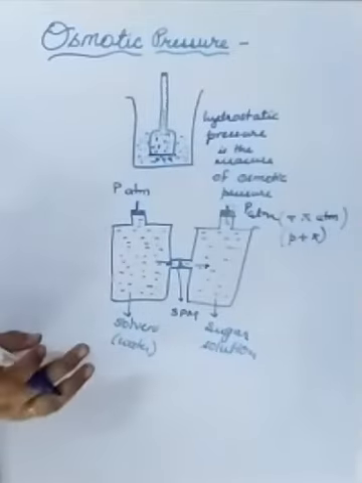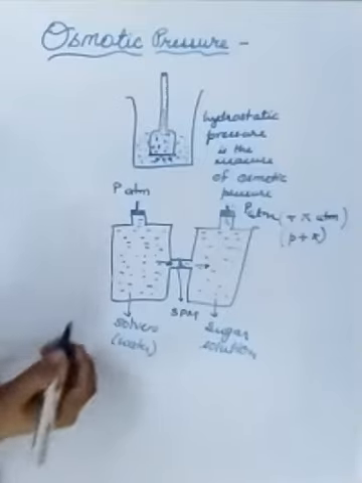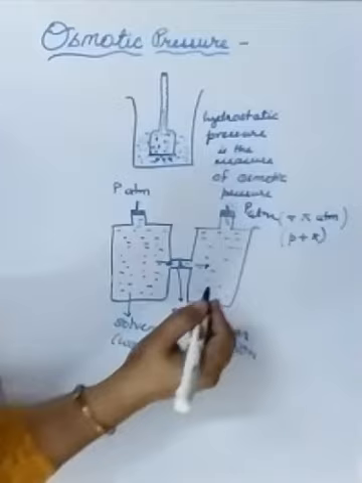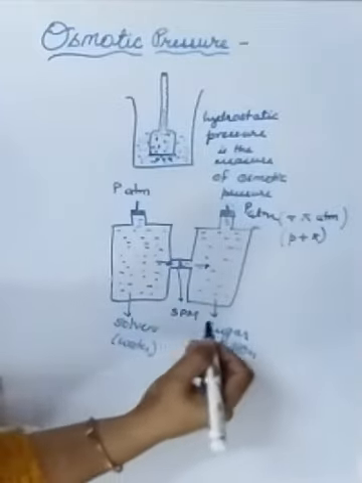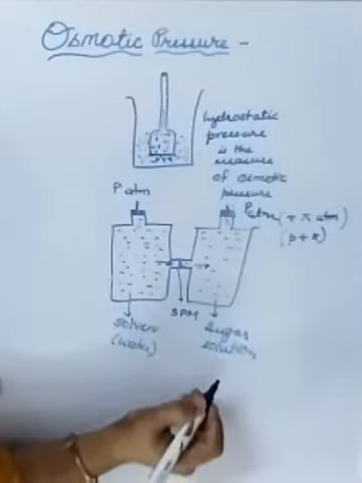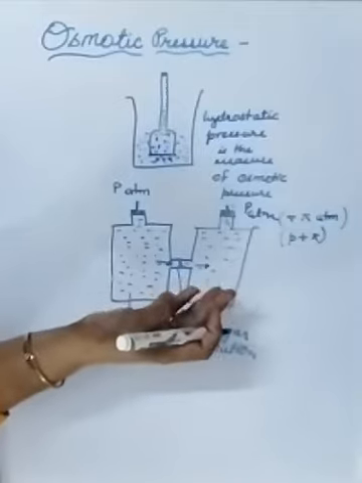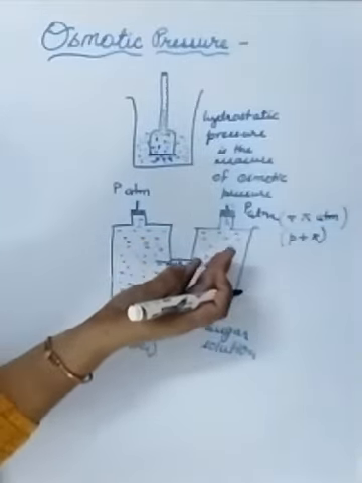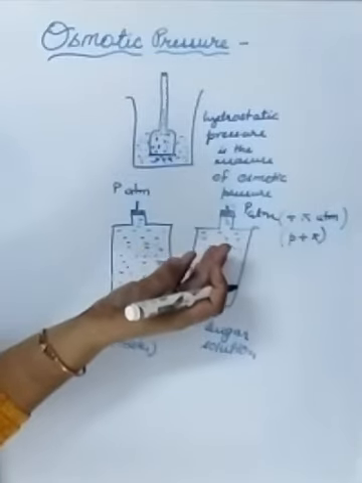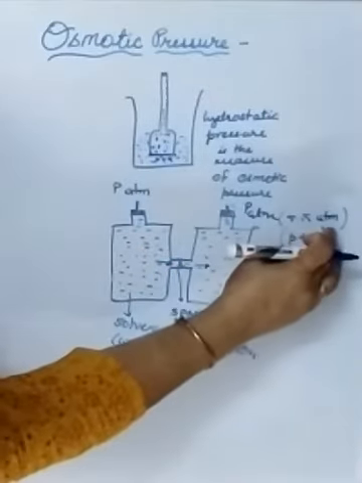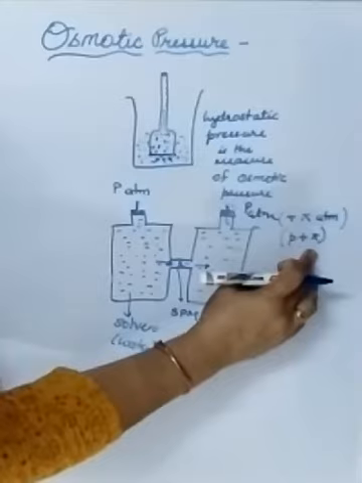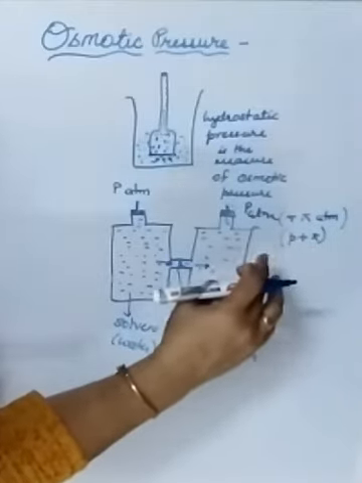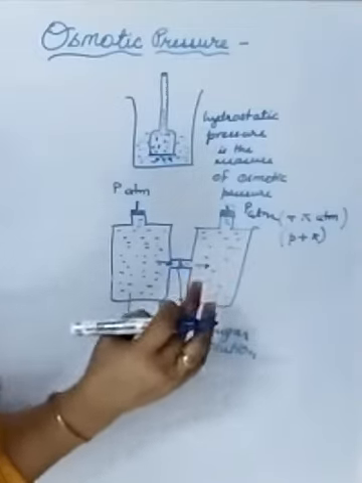Due to movement of solvent by osmosis from the solvent side to the solution side, the piston tries to move upward. So to stop the movement of the piston upward, we apply extra pressure equal to pi. Then this pressure stops the osmosis.